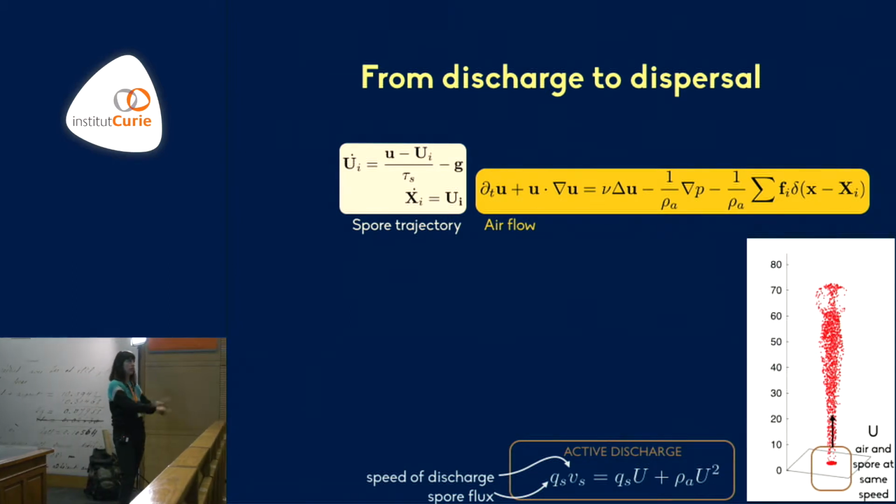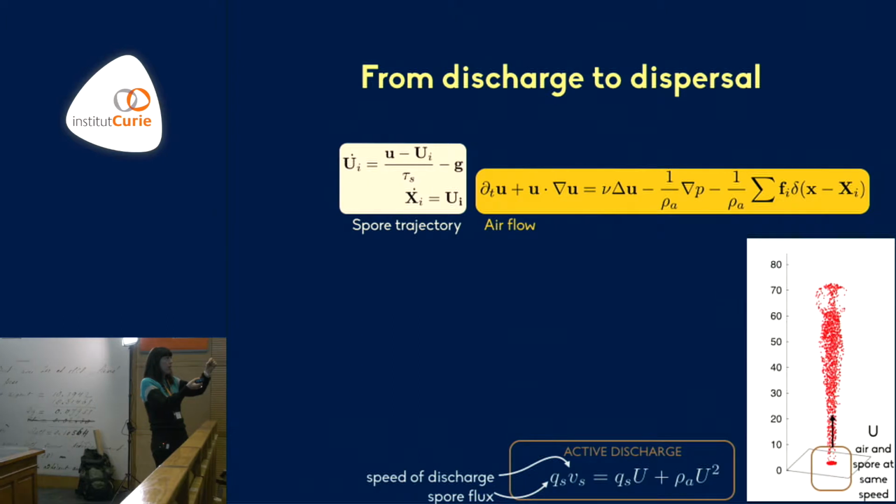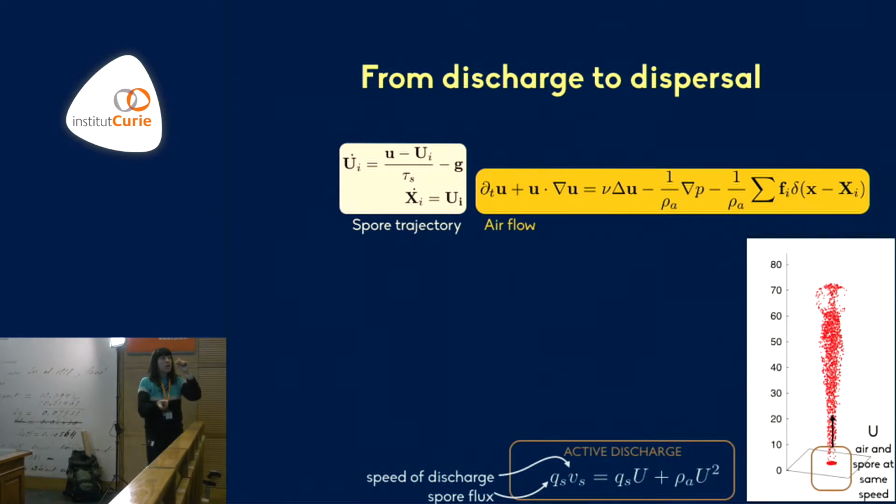The air is still, the spores are ejected at meters per second. This layer is very thin because in a Stokes time scale, always the same time scale, the spores will adjust to the velocity of the air. The little twist is the velocity of the air will not be 0 at the end of this layer.